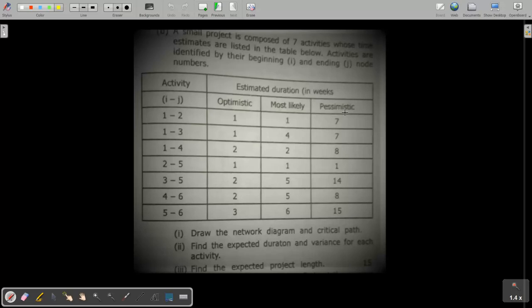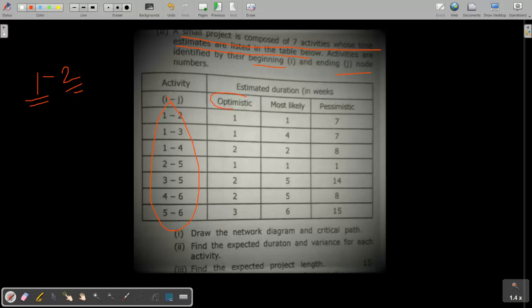Now here we will solve one numerical. A small project is composed of 7 activities whose time estimates are listed in the table below. That means all the 7 activities are shown here. The initial beginning of the activity is represented by I, and the end by J. That means 1 dash 2, 1 is the initial beginning and 2 is the end.